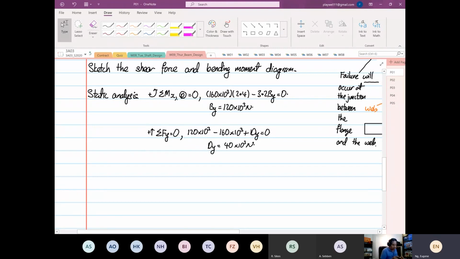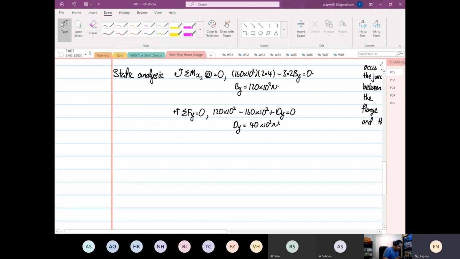But before we draw our shear force diagram, I'll teach you something about the function, how to look at the function. As I said, this is something extra that you'll learn later, but I want to introduce it to you now.